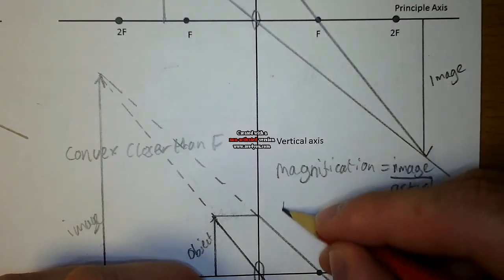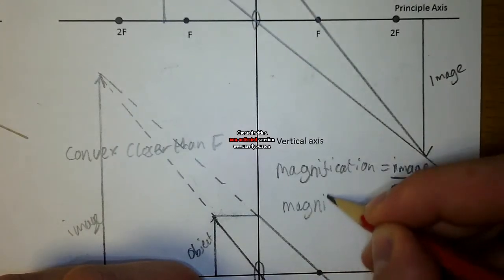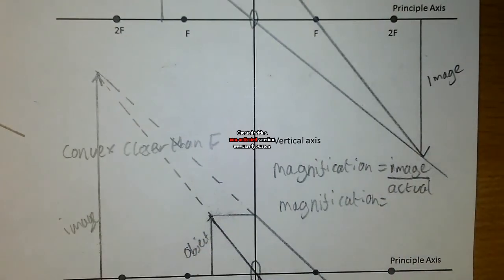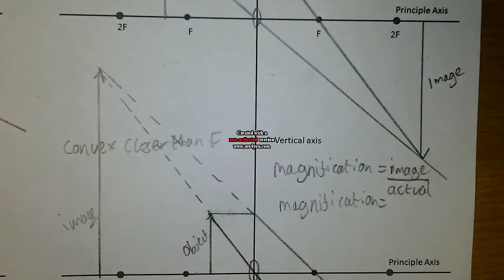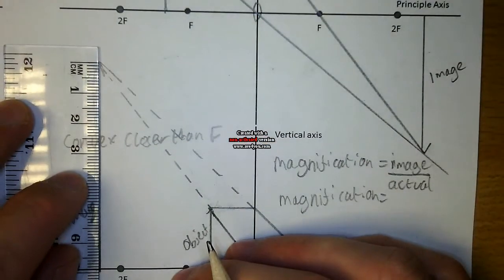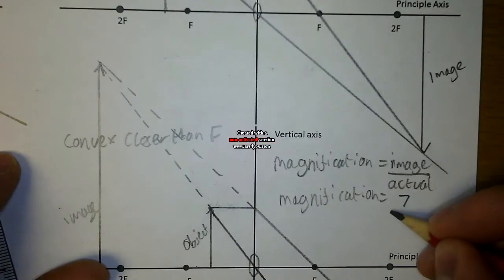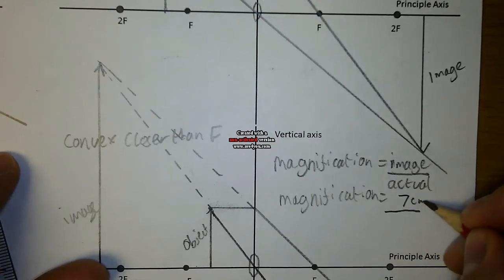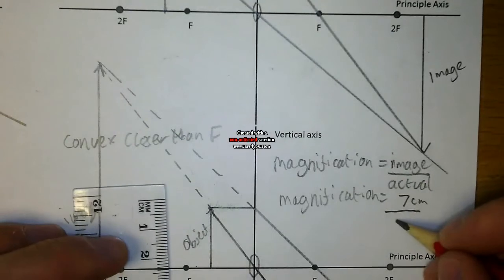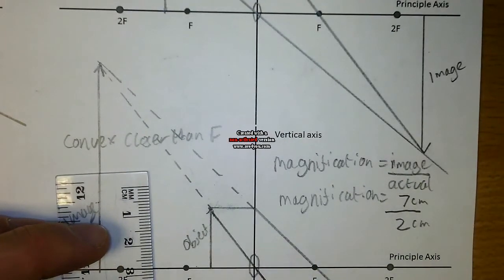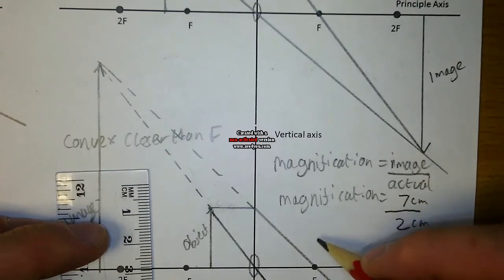So for our one here, our magnification equals our image height, which is, I think, 7 centimeters. Yep, you can see it's 7 centimeters. Image height divided by our 2 centimeters that we got for our object height, our actual height.